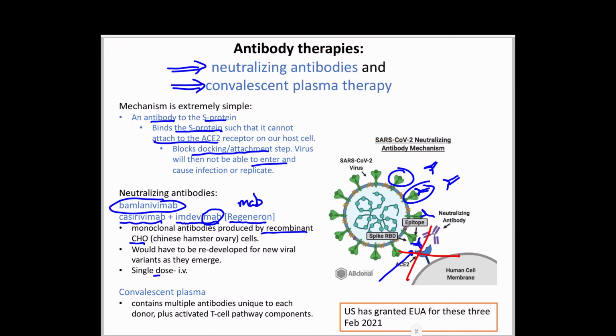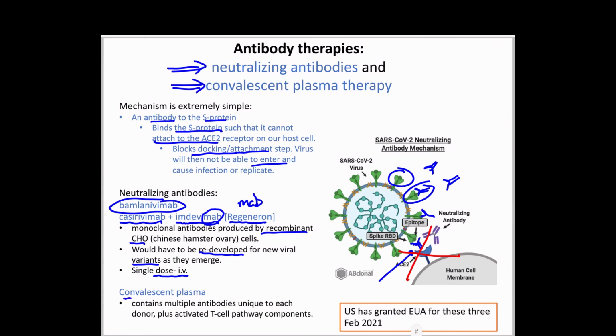They're given single dose IV, but because they're developed by injecting the antigen into animals, letting the animal create multiple different forms of antibodies, and then purifying out and selecting the antibodies that are most effective, it means that there are several steps in development that are going to occur every time they want to change those antibodies. So as new viral variants emerge, they would have to redevelop new antibodies for these. So that can take some time.